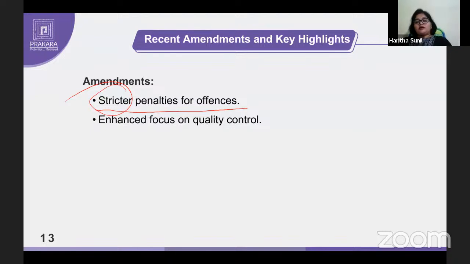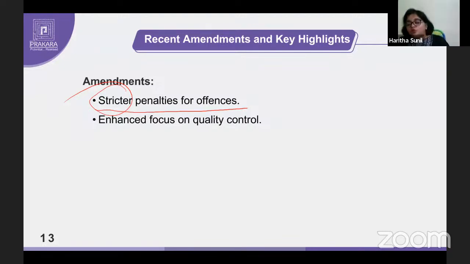The purpose of these amendments is to deter violations as well as to enhance compliance. The key changes are increased fines and imprisonment terms for offenses, especially manufacturing of spurious as well as adulterated drugs, and also enhanced accountability for repeated offenders.